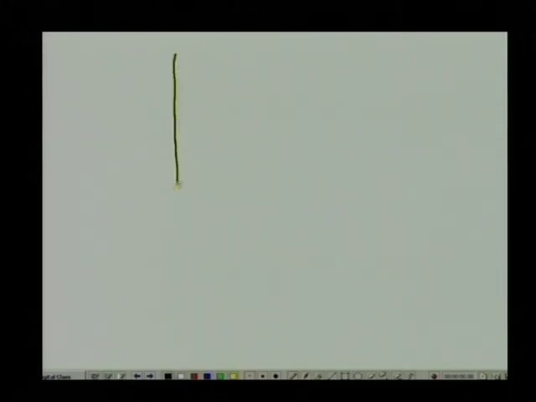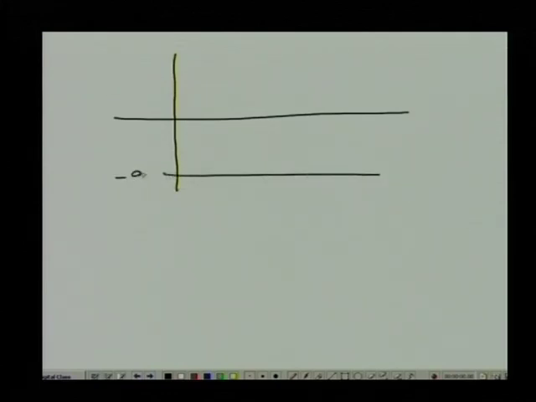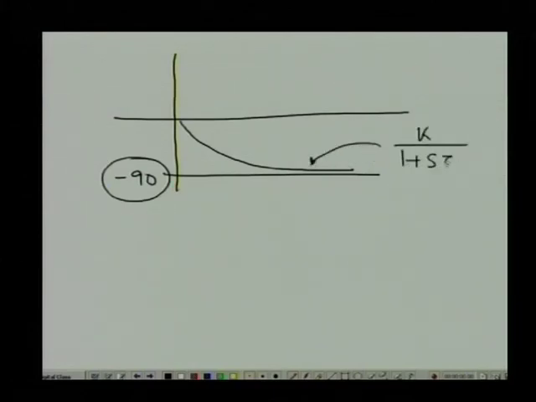So the phase of k by 1 plus s tau is going to be limited to minus 90. So it cannot increase beyond minus 90. This is for k by 1 plus s tau. On the other hand, k e to the power minus s tau will have a phase which is increasing linearly with frequency. So there is no bound.